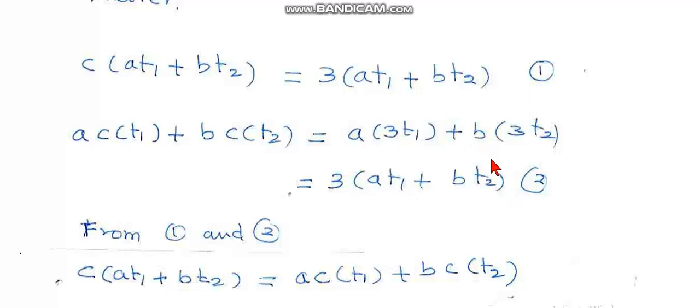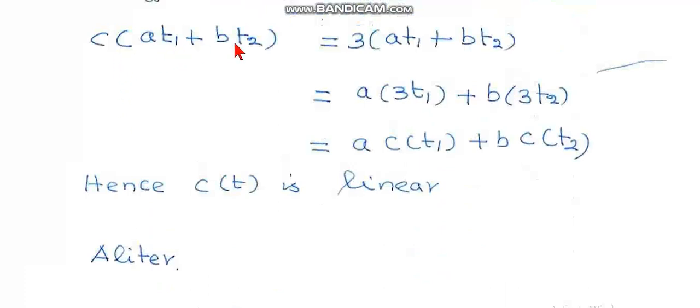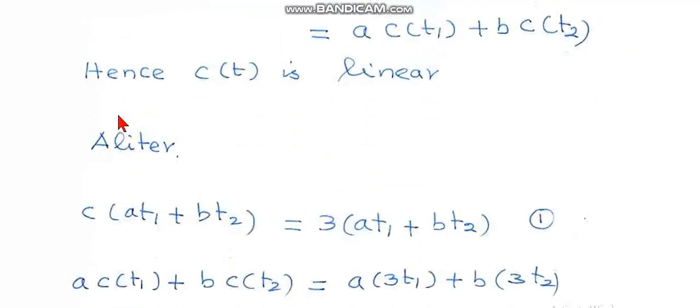These two are equal, so these two must be equal. In that way also we can say. In any way, from 1 and 2 we find C of at1 plus bt2 equal to a into C of t1 plus b into C of t2. So the circuit C of t is a linear function.